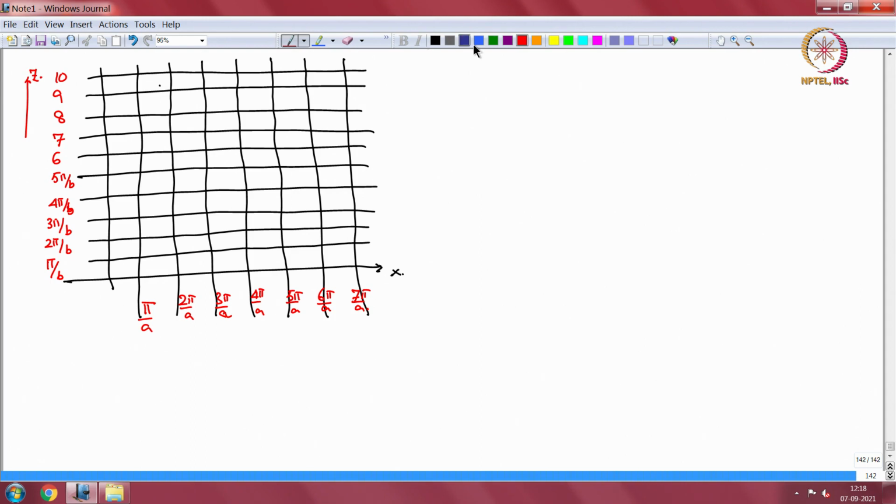Now what do these represent? Each intersection represents a mode. This is wave number space, but each represents a mode. Each of these blue dots is a mode.